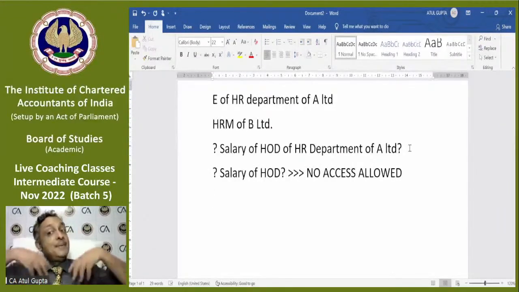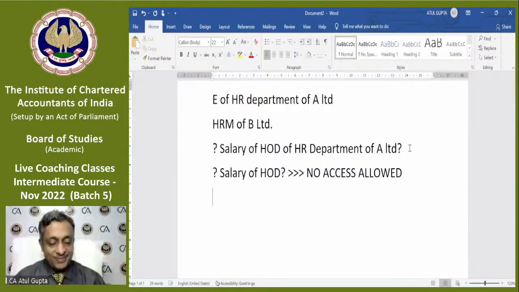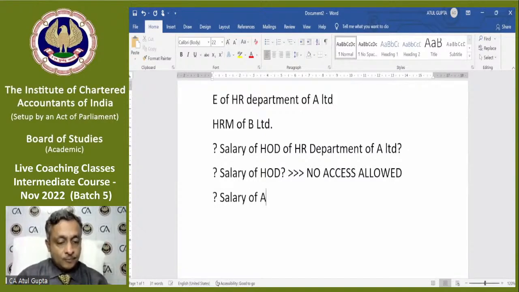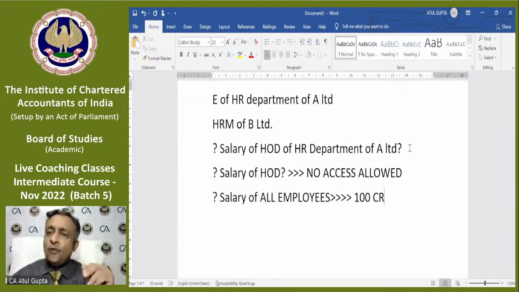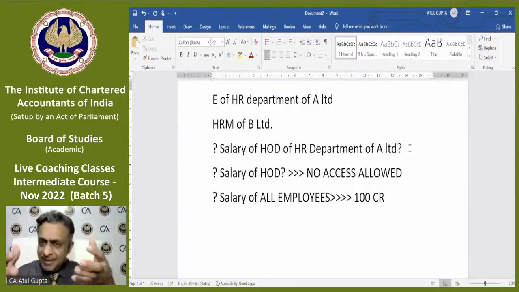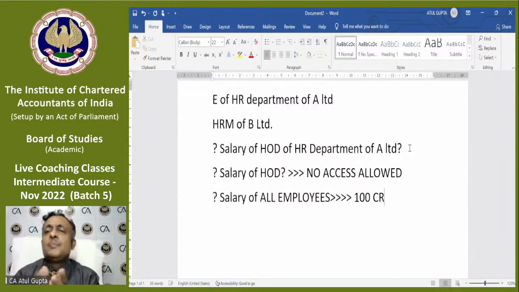But then I am intelligent. See what I do. Salary of all the employees, easy. It is available in the accounts, publicly available for listed companies: 100 crores.